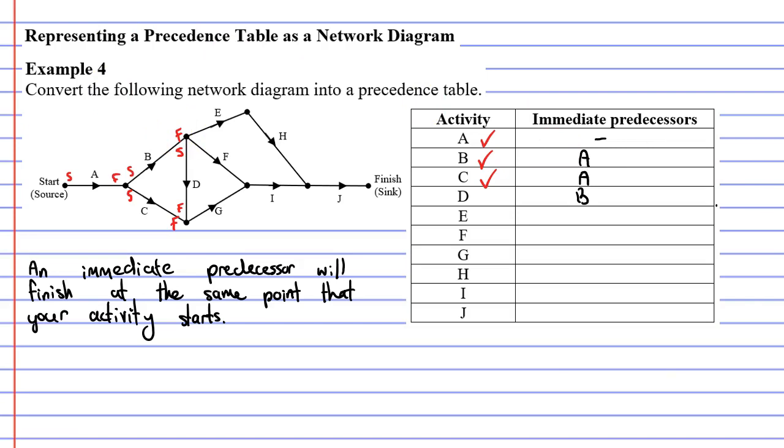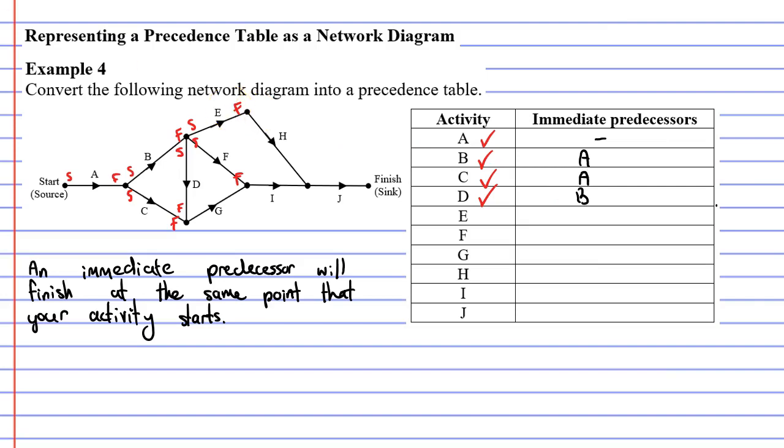But we've got two more edges to look at. We've got to look at edge F and edge E, which also connect to this vertex. Edge E starts and finishes like so, and edge F starts and finishes like so. So neither of these are an immediate predecessor because they don't finish at this point. So that's activity D completed.